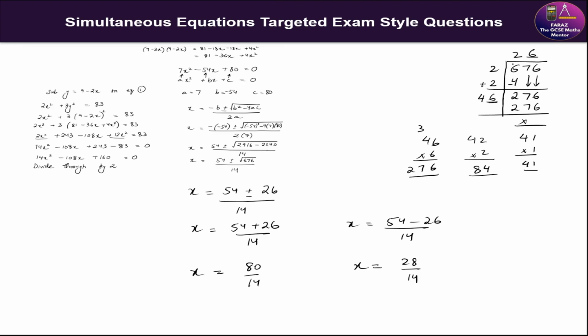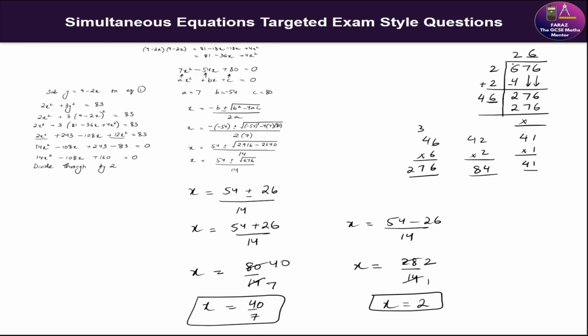Now if you do it further, so this one must be 2 into 7 is 14, 2 into 40 is 80, and x equals to 40 over 7, which means that is not an integer, so not the valid answer for x. And this one, 14 ones are 14, 14 twos are 28, so x equals to 2 there. So that's the valid answer.